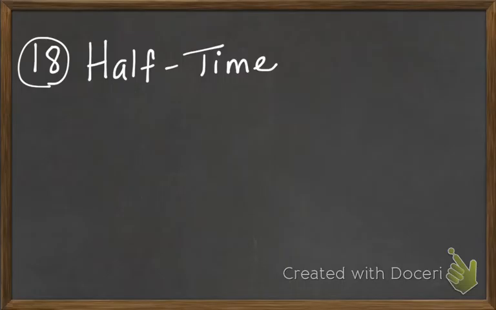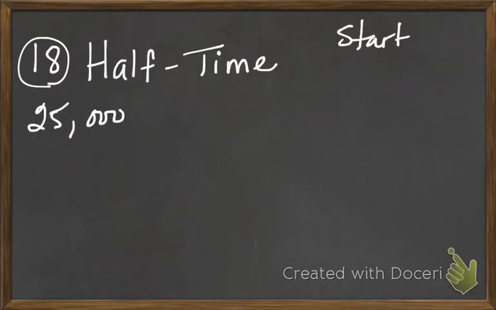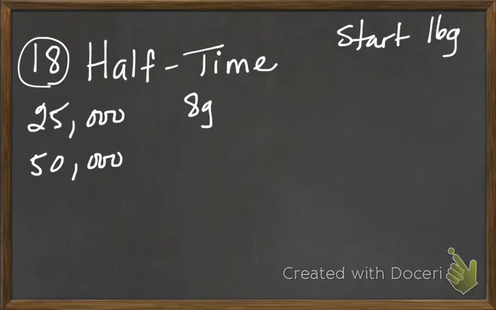It says if 16 grams of plutonium-239 are initially present, how many grams are present after 25,000 years? If we started with 16, after 25,000 years half of that will be left, so 8 grams. After 50,000 years, half of 8 will be left, which is 4.